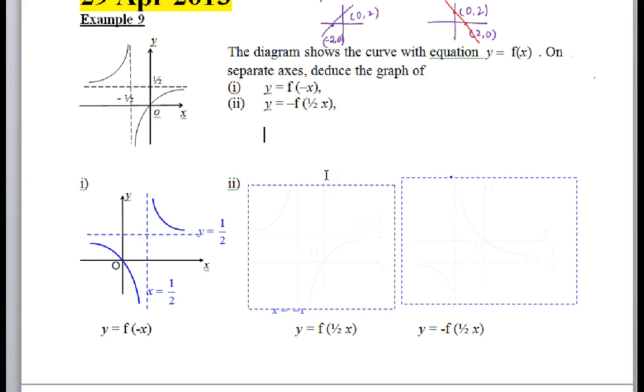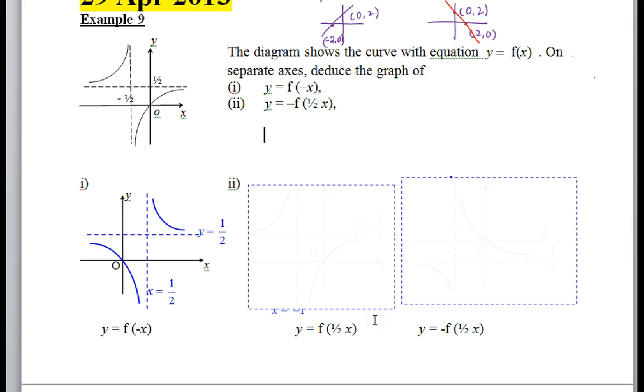Now, what if you want, look, now the negative is outside. So actually you replace. So first we do step 1. Let's take a look. We do step 1, which is to sketch this one: y equals f(half x). I'm quite sure we know how to handle this. Okay? Because this is a scale parallel to the x-axis.